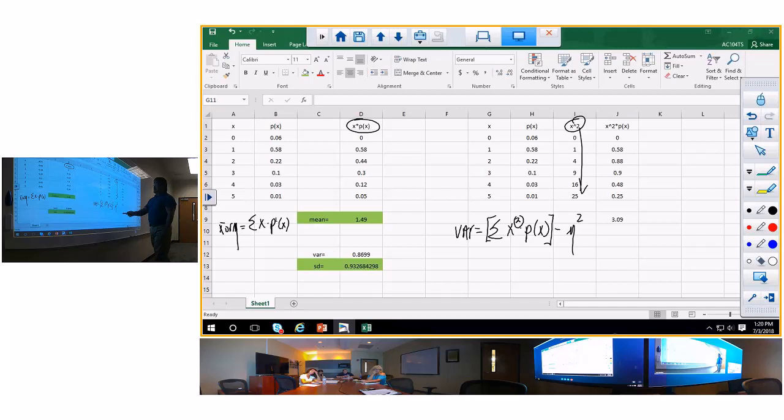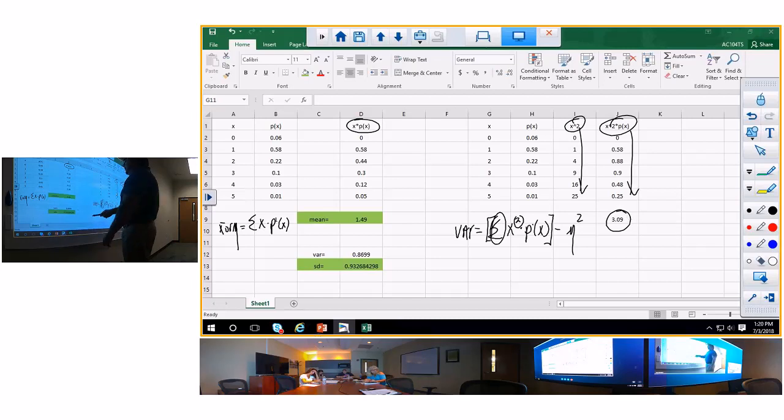And then you take x squared and multiply it by P of x. And then what do you do to that? You add it up. And there's that number right there, which is 3.09. And then minus the mean in parentheses, squared, and that's 1.49.